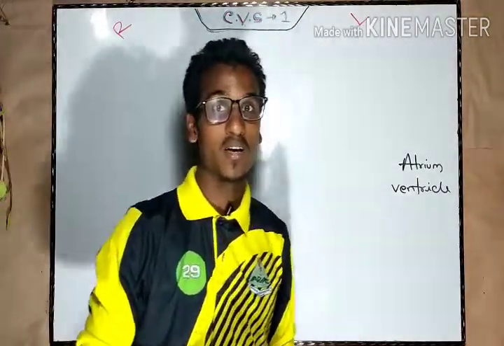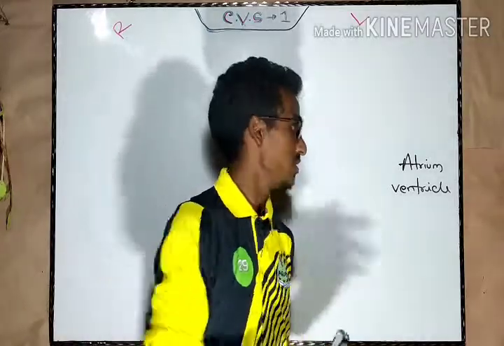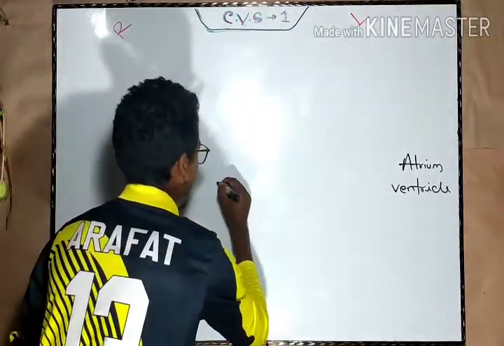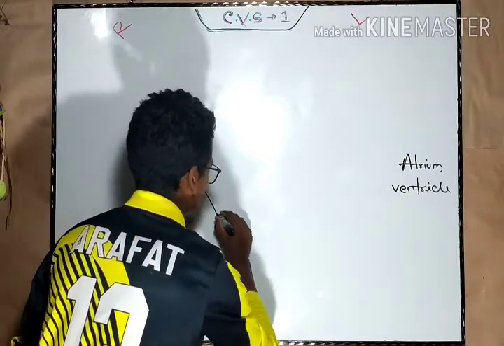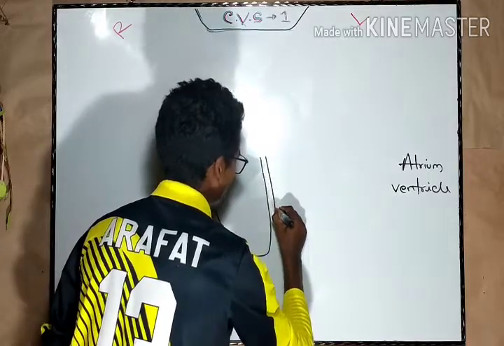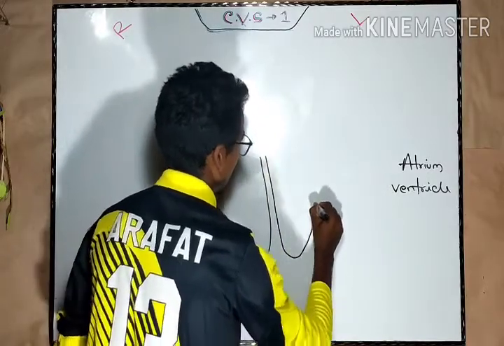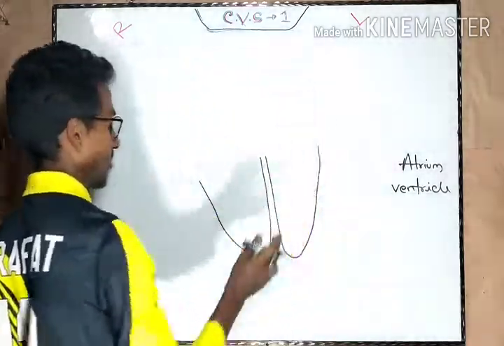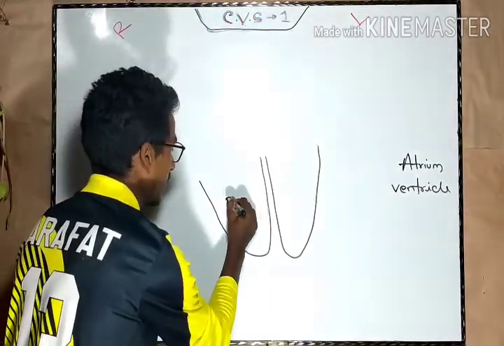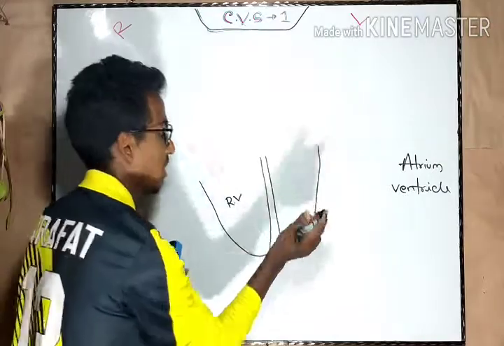Now, look at the bottom chambers, that means the ventricles of the heart. 2 ventricles, one there, one there. This is the right ventricle. This is the left ventricle.